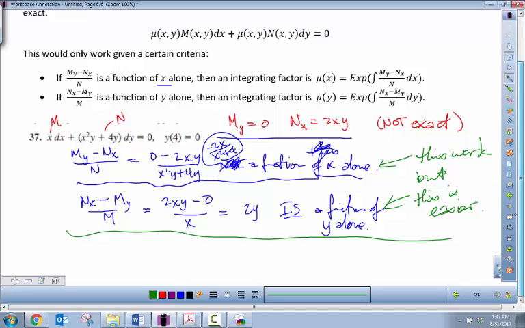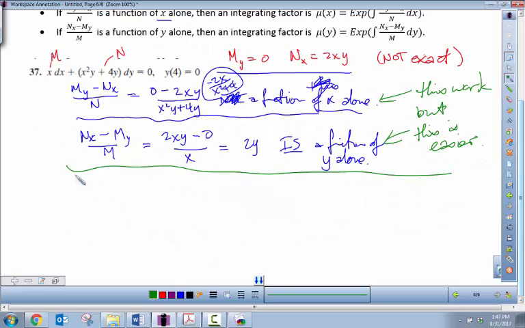So then we're going to identify our integrating factor right here. So our mu, and let's take the second one. So it's going to be just a function of y. Mu of y is going to be equal to e to the integral of this easy function now that we just found, 2y, with respect to y.